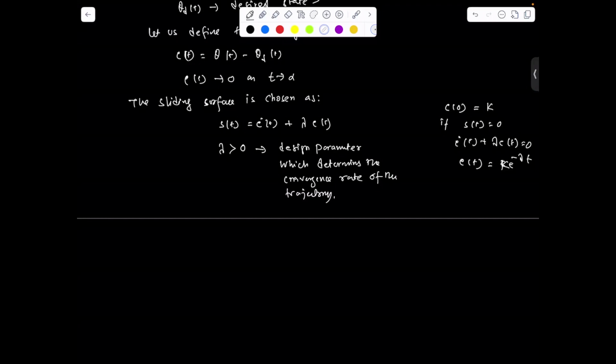If you notice here, if you increase the value of lambda, we can reach the equilibrium very fast, right?